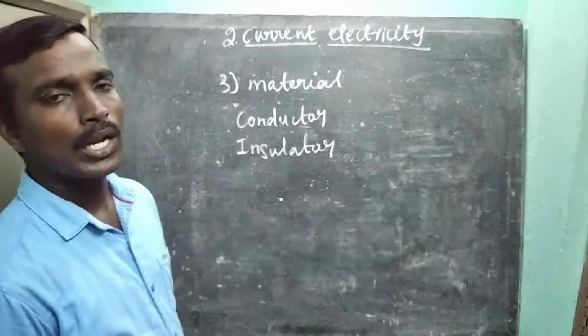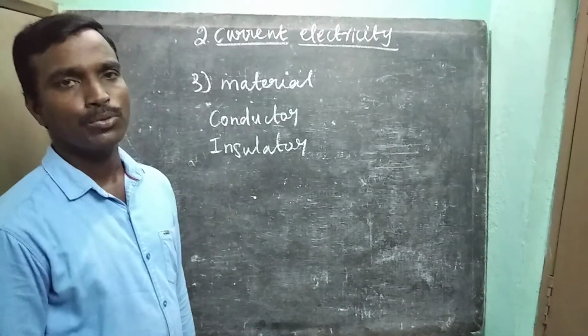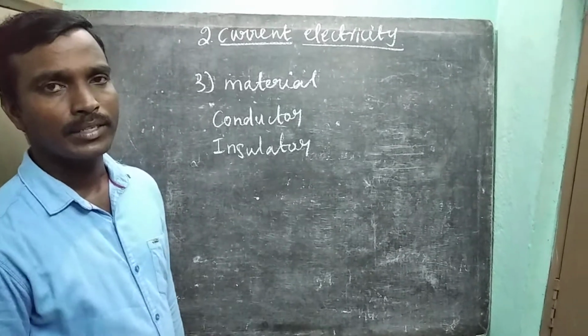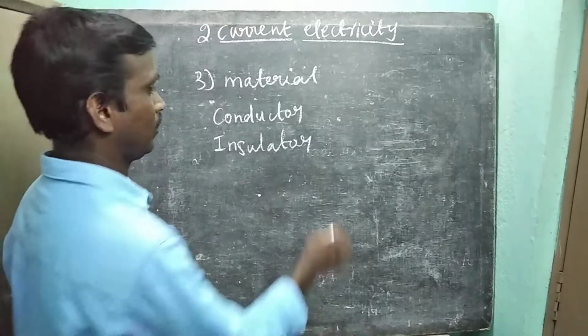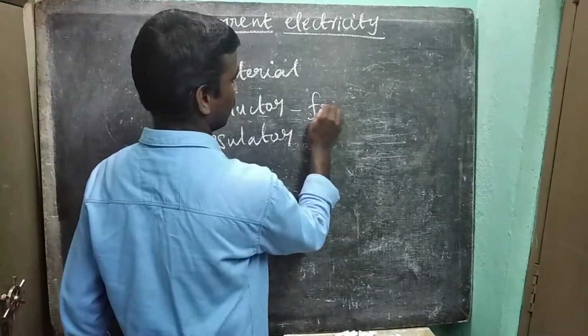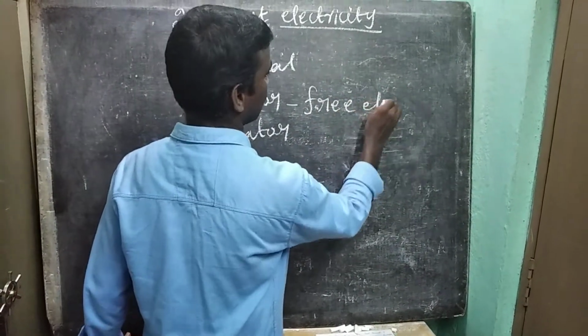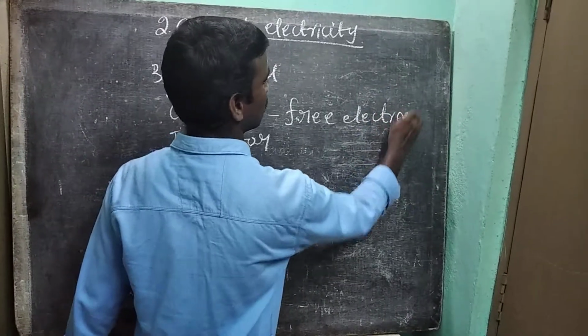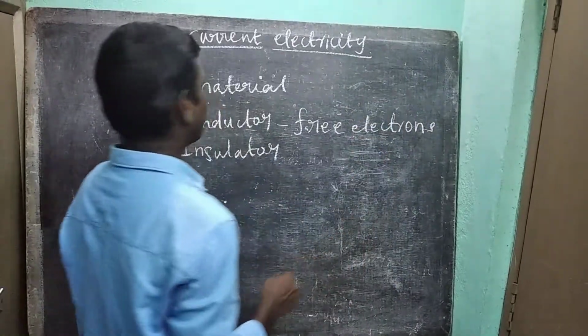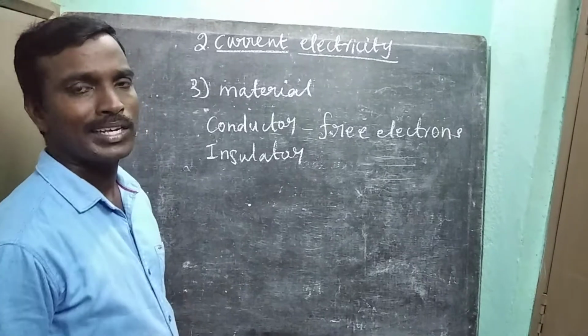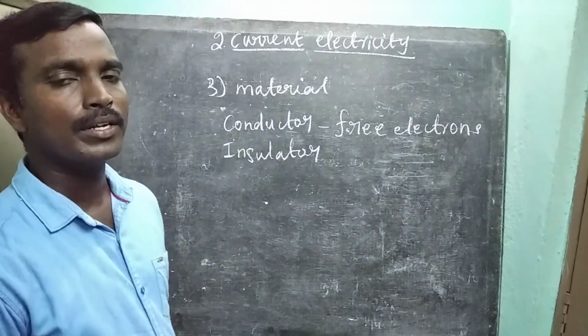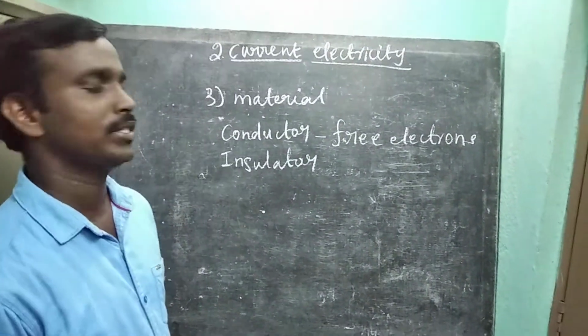Conductor means a material that allows charge to pass through it. That is, it has free electrons. Example: metal, human body, pond water are good conductors of electricity.